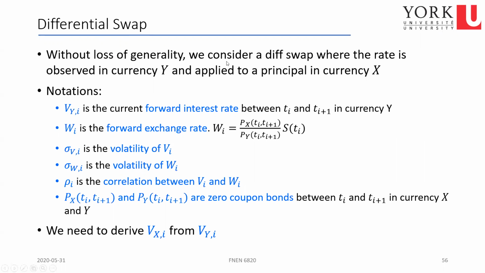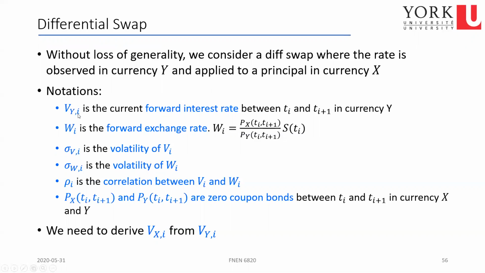So let's consider a rate that is observed in a currency Y and applied to some currency X. The payment is actually paid in currency X. So we have some notation.